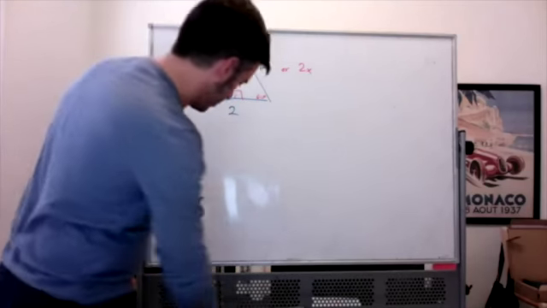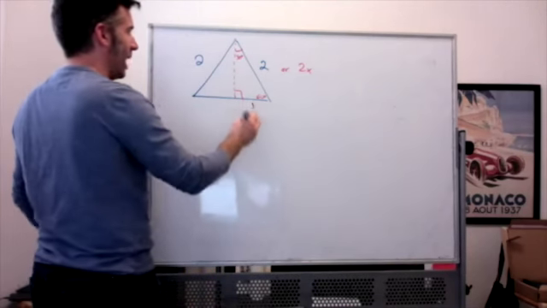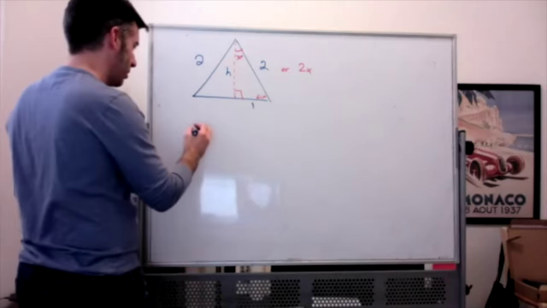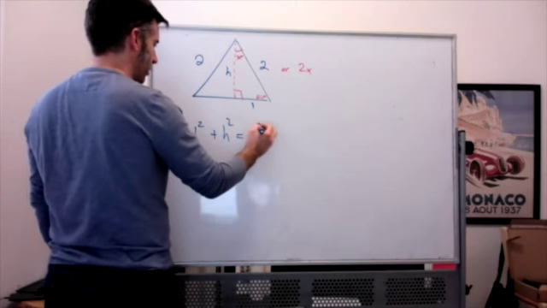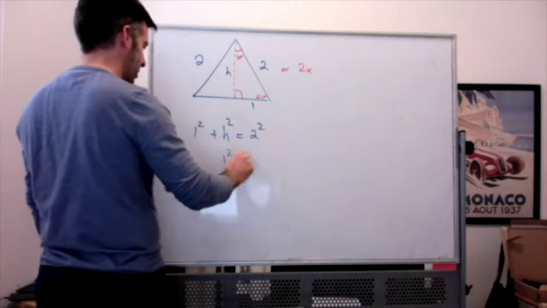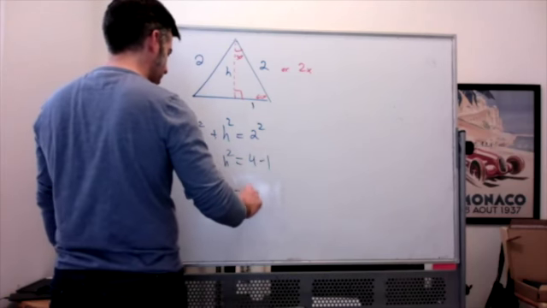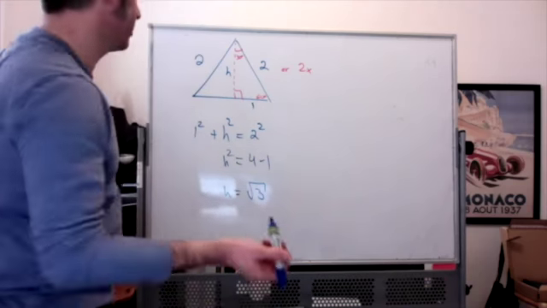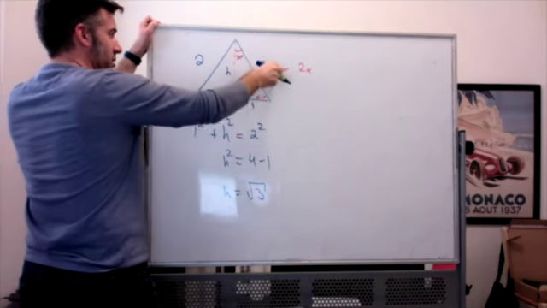I also cut this side over here in half. I would like to find the height. So using the Pythagorean Theorem, 1 squared plus the height squared equals 2 squared. So the height squared equals 4 minus 1. So the height is the square root of 3. So your 30-60-90 triangle has sides that are 1, square root of 3, and 2.